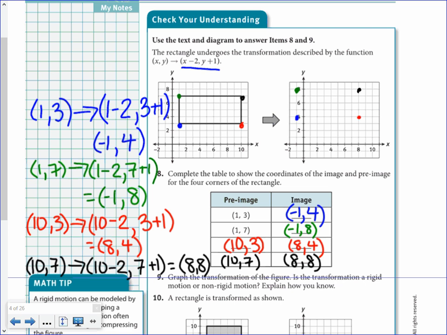And so if you connect your dots, you end up with that rectangle. So hopefully you understand how that works.